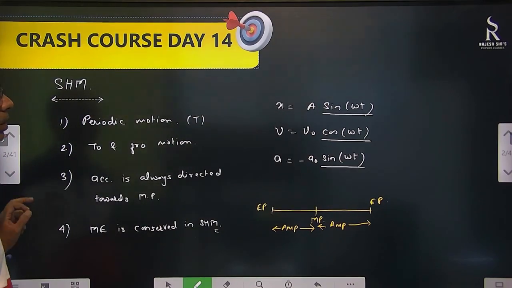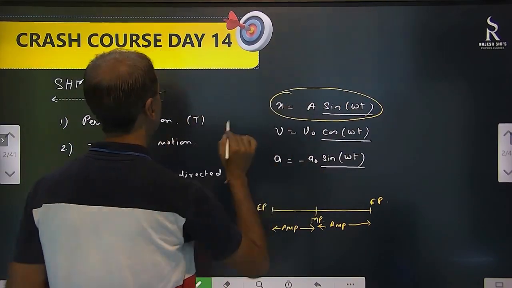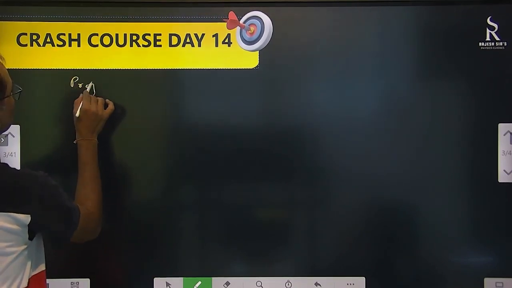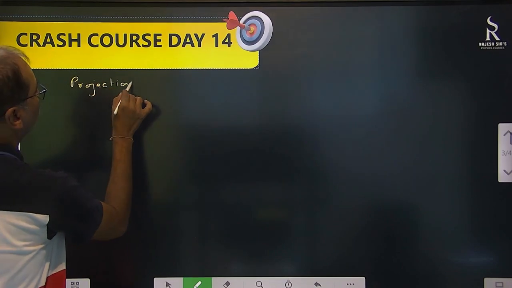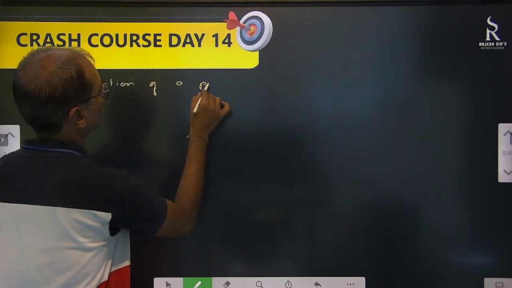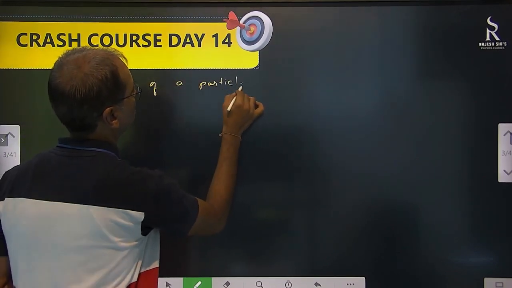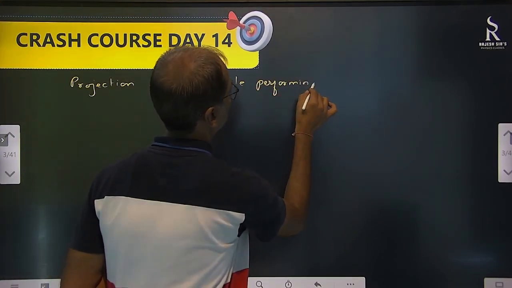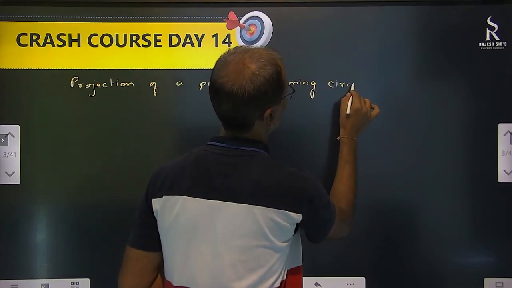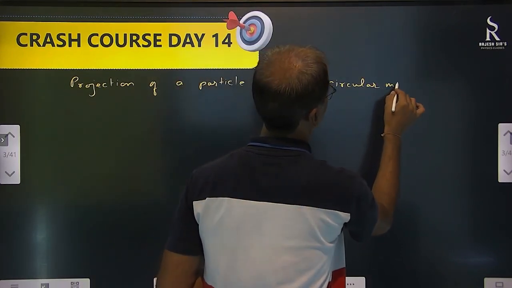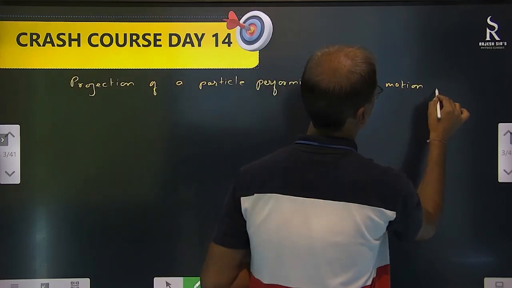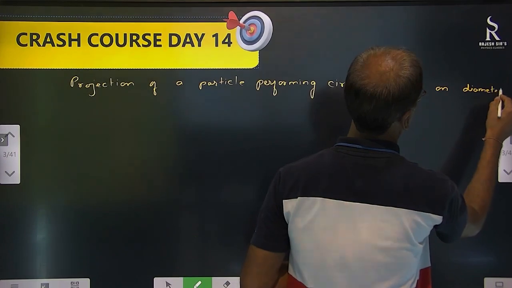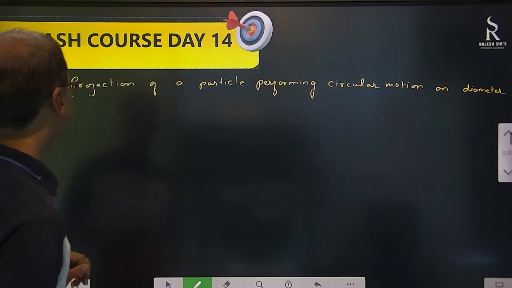Now the question is how this came. So what we say is, projection of a particle performing circular motion on a diameter of a circle is SHM.